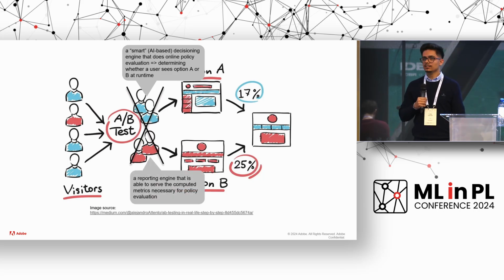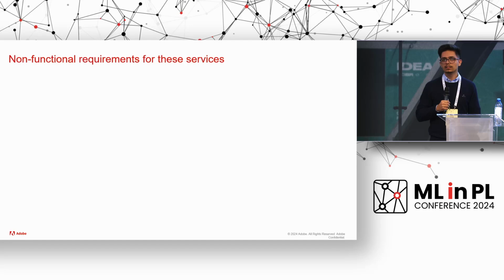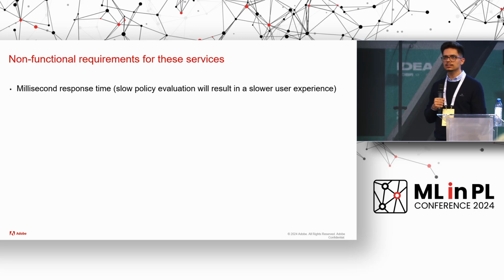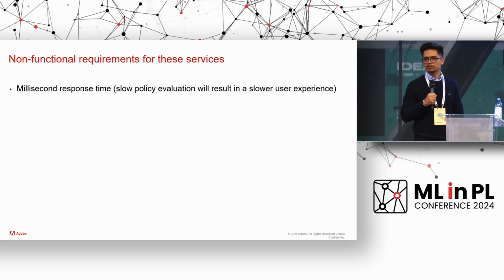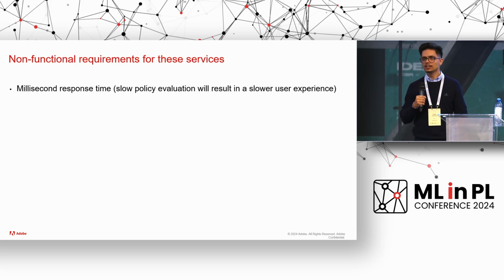For that, we also need a reporting engine that is able to serve these metrics that we are using in real time, and it needs to be done fast because when you talk about the non-functional requirements for these services, the first one that any stakeholder will require is millisecond response time, because obviously a slow policy evaluation will result in a slow user experience, which will essentially make their web resource or platform less likely to be used.